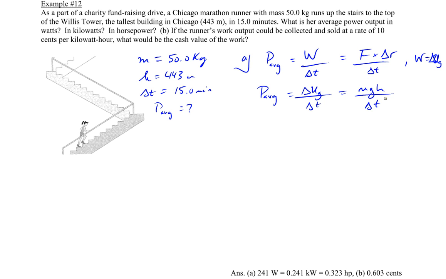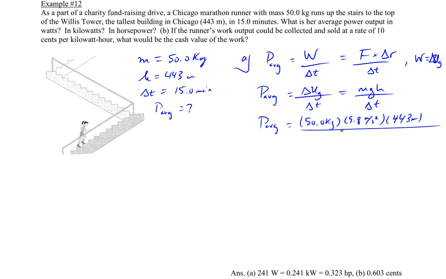It's probably the fastest way of solving it. So our average power would be 50 kilograms multiplied by 9.8 meters per second squared, then multiplied by the height of the building, 443 meters, and then divided by the time that it takes her.